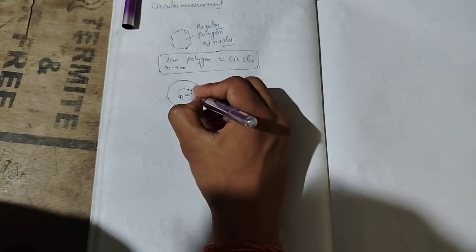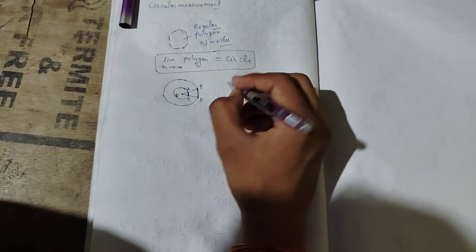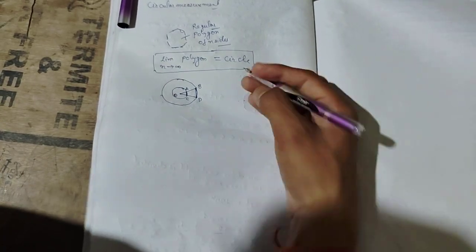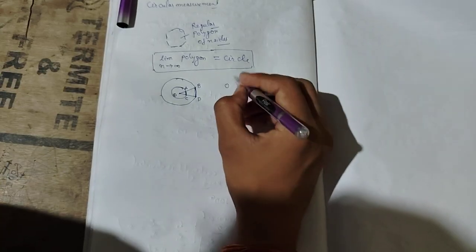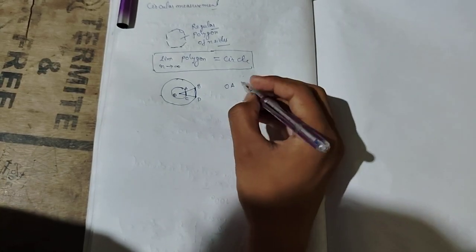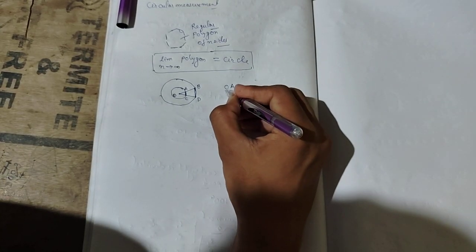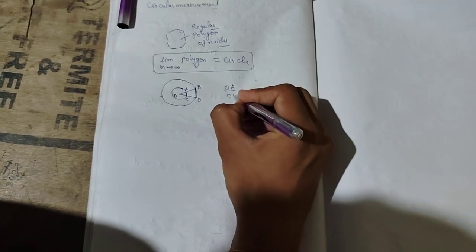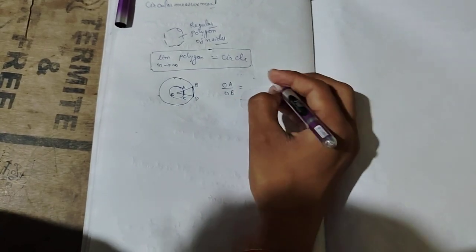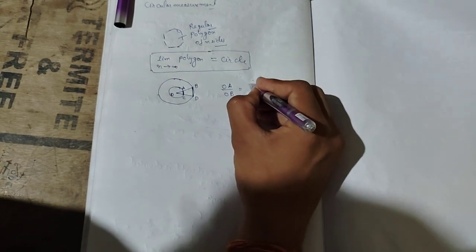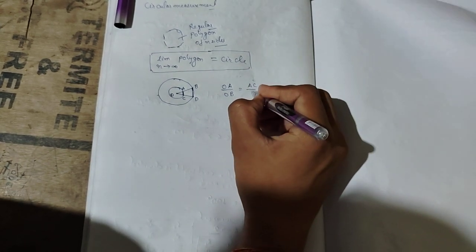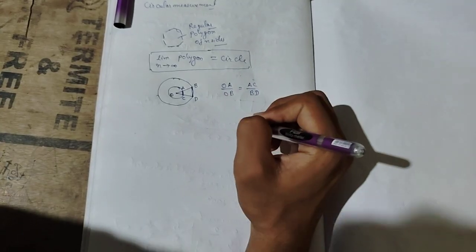Simply we can know that OA by OB is equal to AC by BD.